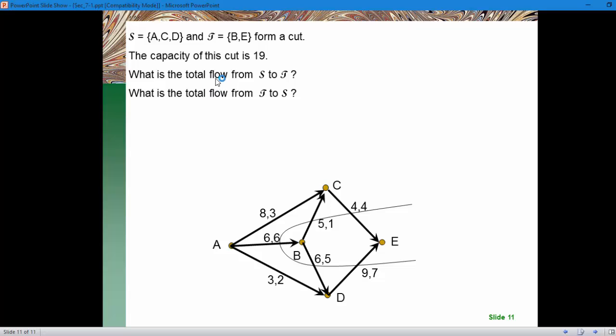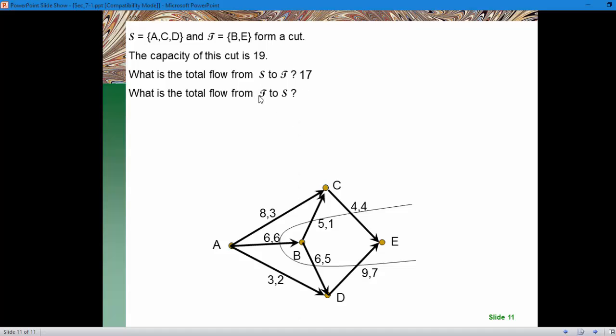Let's add the total flow, not the capacities this time, just the flows. So from S to T, we're going to add this number 4. It's the second number now, not the 1 here, because it's going the opposite direction. So 4 plus this 6, that's 10, plus not this 5, now add 7. So 4 plus 6 plus 7, that's 17.